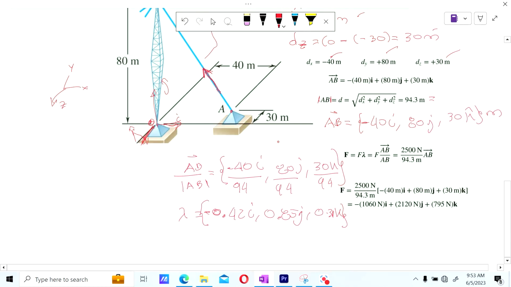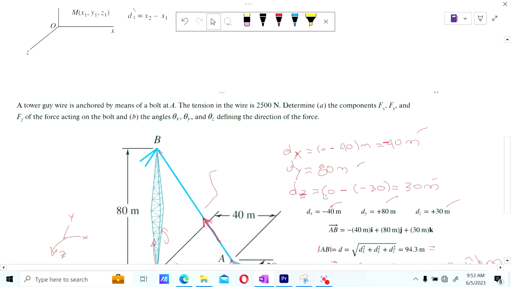Okay, so the tension, you can call it T, is equal to the force times lambda, which is equal to 2500 newtons times this vector.